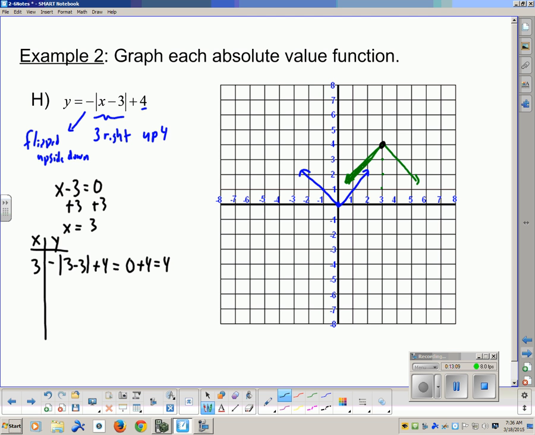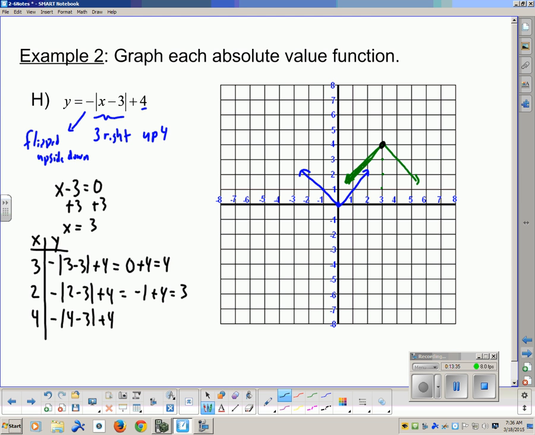And then we can pick an x value to the left like 2, and an x value to the right like 4. So then I can go 2 minus 3 there, which is a negative 1. The absolute value of negative 1 is 1, times the negative 1 is negative 1, plus 4 gives me 3. And then next one here, absolute value we have to do first, so it treats it as a parenthesis.